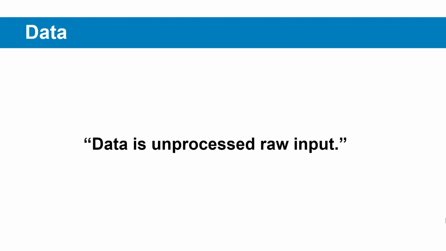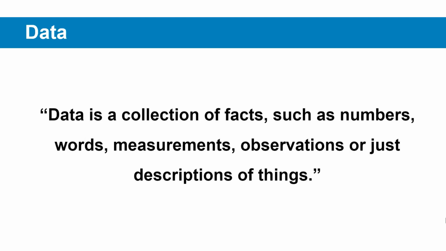A more formal definition of data is, it is a collection of facts such as numbers, words, measurements, observations, or descriptions of things. This implies that starting from our school grade to customer feedback, or product price to product quality measures, anything can be called as data. Let us have some more real examples of data.